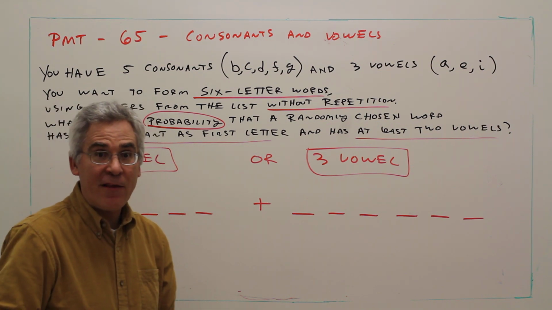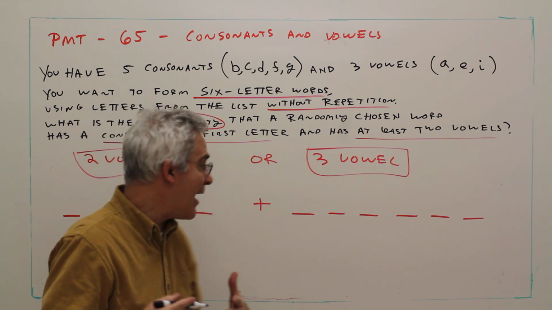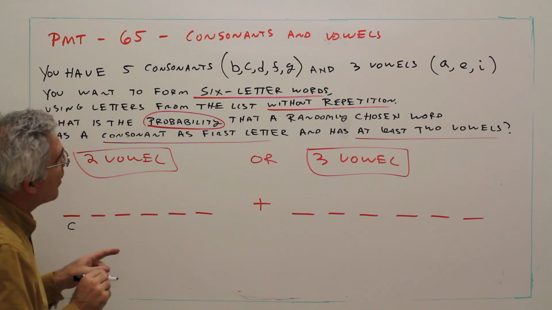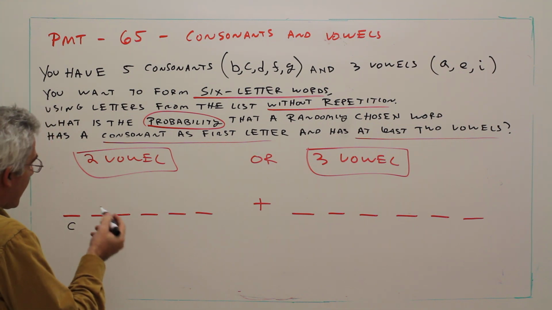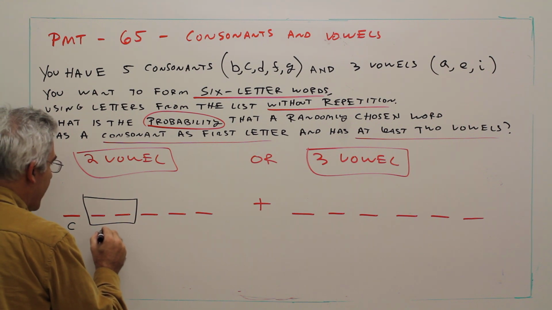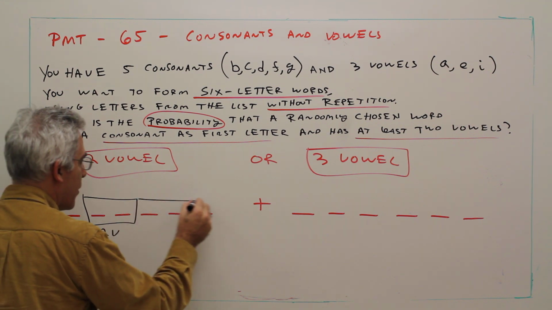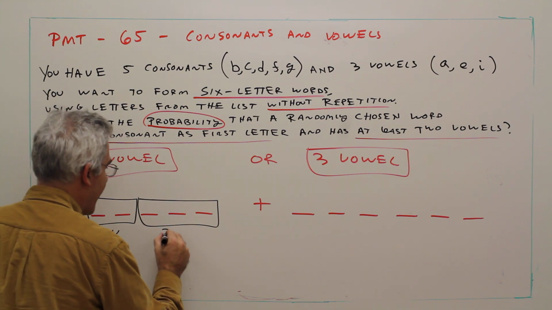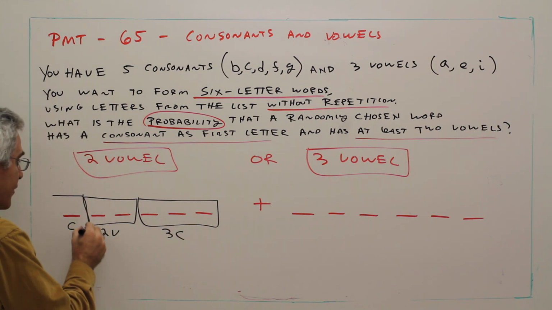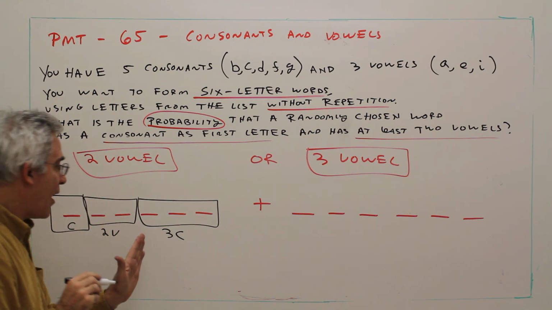Okay, they said the first letter has to be a consonant. So you're a consonant. Then for the 2 vowel case, I could have 2 vowels, 3 consonants. I'll do the ordering later, so I'm just kind of doing these 3 steps.